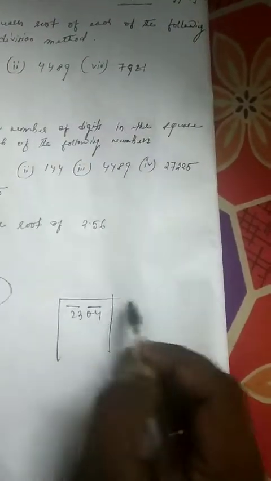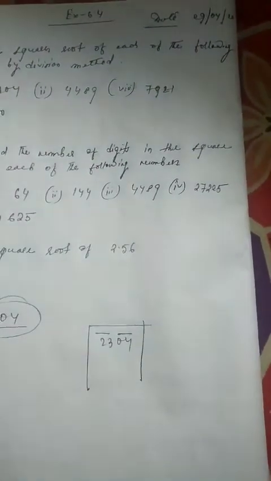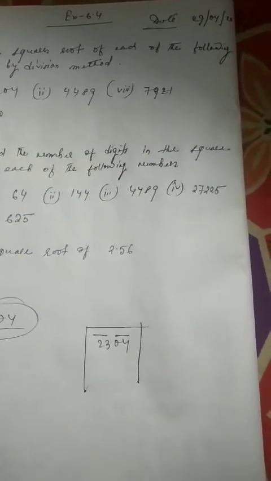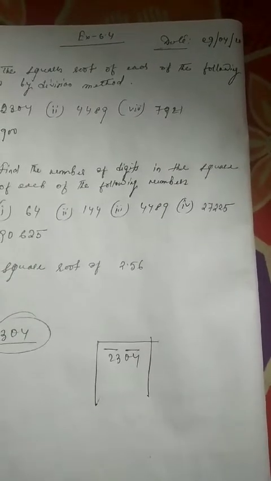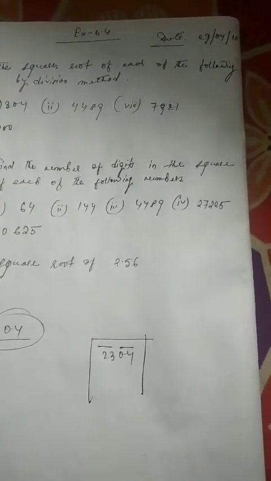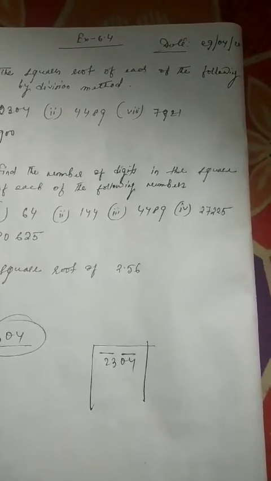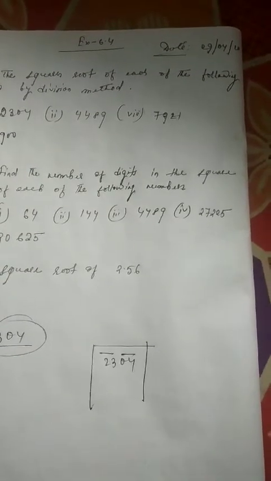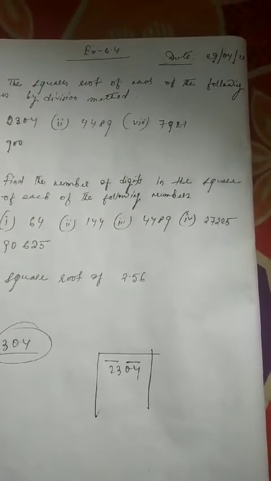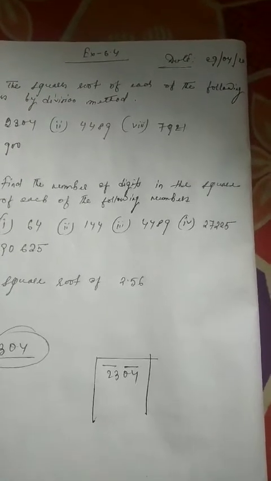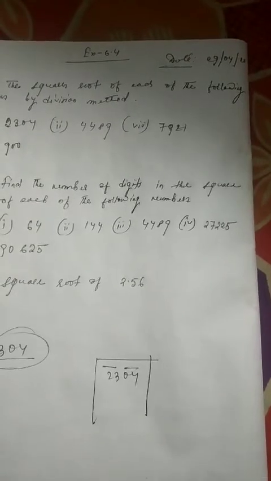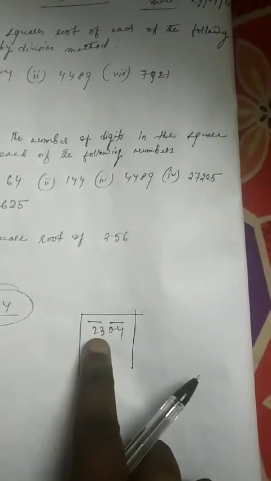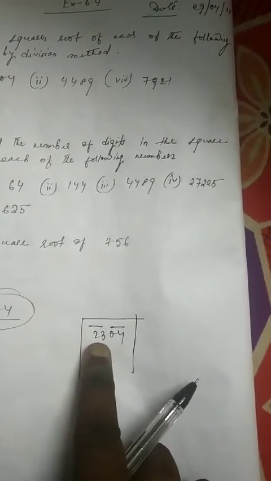Now I have to take a number which multiplied by itself gives either 23 or quite close to 23. So 1 one is 1, 2 twos are 4, 3 threes are 9, 4 fours are 16, 5 fives are 25. 25 is bigger than 23, so I cannot take 5.